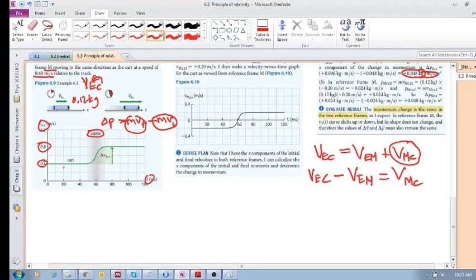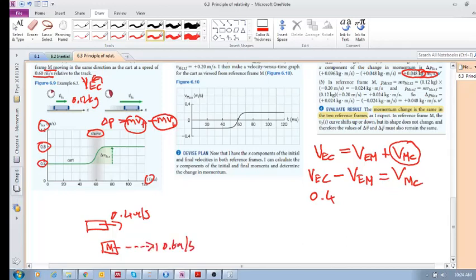If it was going at 0.4 in the Earth reference frame, I now need to subtract the velocity of the M reference frame relative to Earth, which is, remember, plus 0.6, right? If the cart was going in that direction at 0.4, then this M reference frame was moving at 0.6.